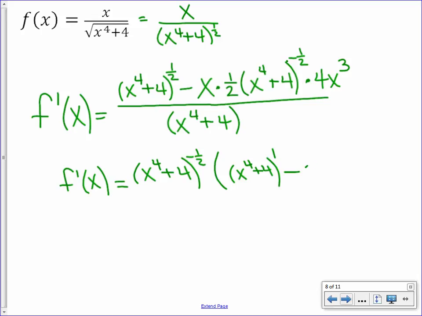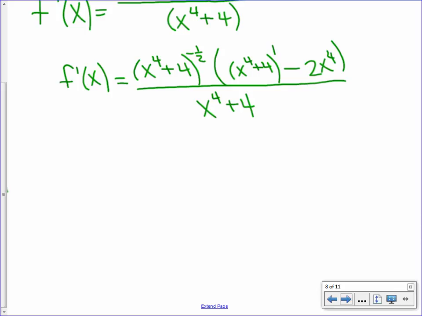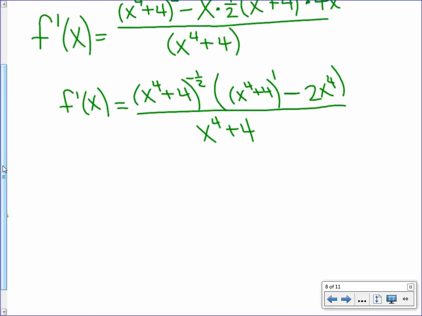So we have 2x to the 4th. Okay. So now what do we have? You notice how this is x to the 4th plus 4 to a negative power, which means we can bump it downstairs. But this is also x to the 4th plus 4, technically raised to the 1st power.